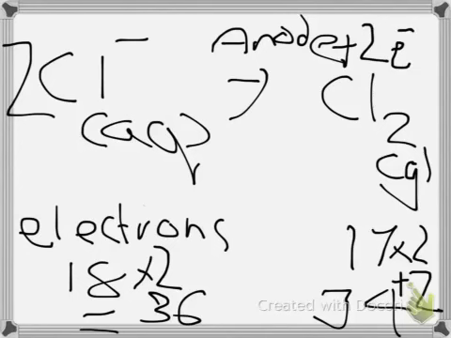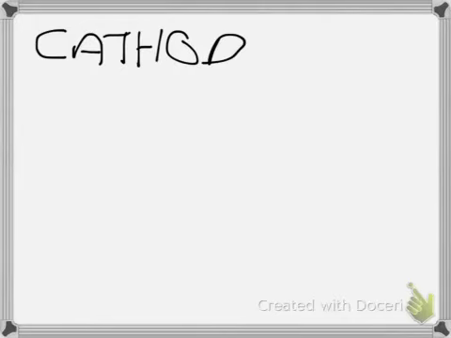We can apply this to any reaction where there's electrolysis occurring, and we can look at a general rule. At my cathode, I always start off with a positive ion.